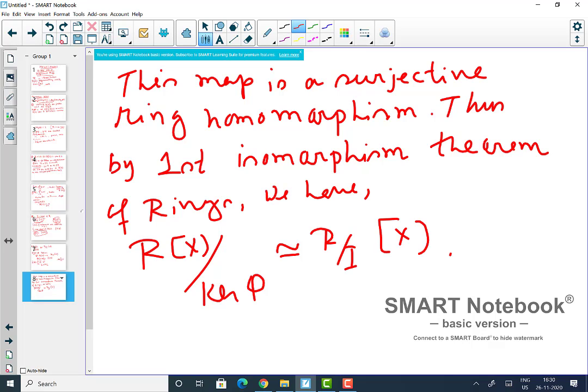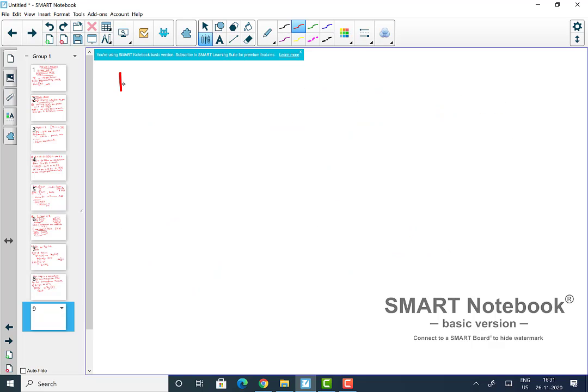Now the question is, what is the kernel of this map? This is the question which is remaining. Now what is the kernel of this map?